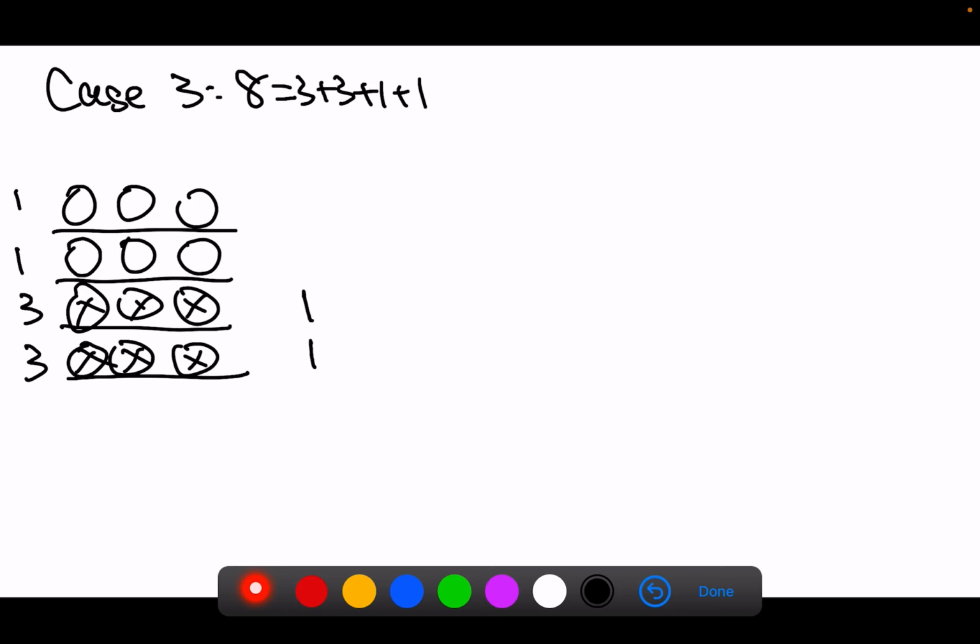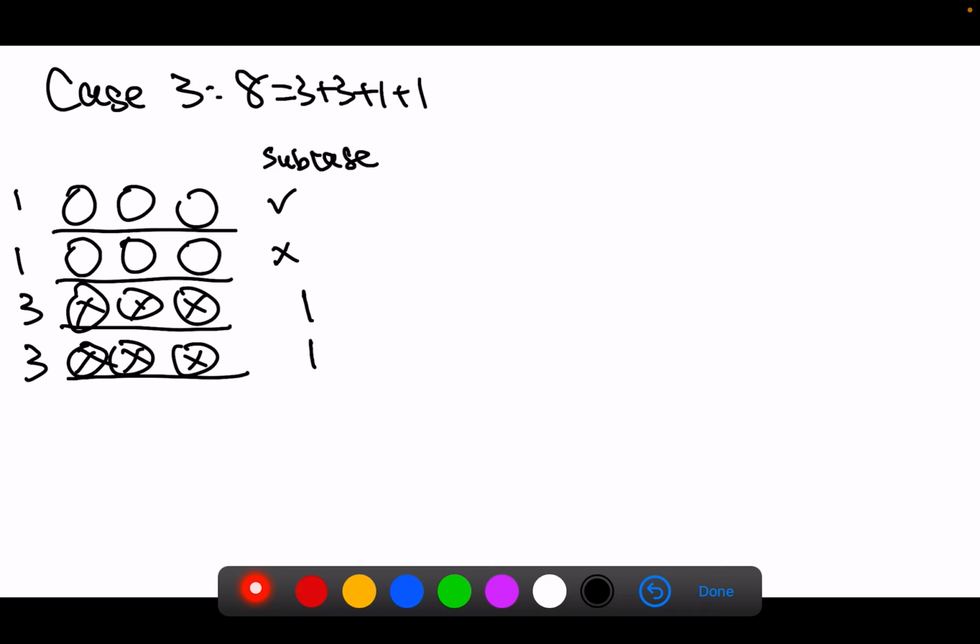So this case actually has some subcases. What do I mean? Subcase here means either the first row works and the second row doesn't. So there's a subcase. That is, the first one works, second one doesn't.